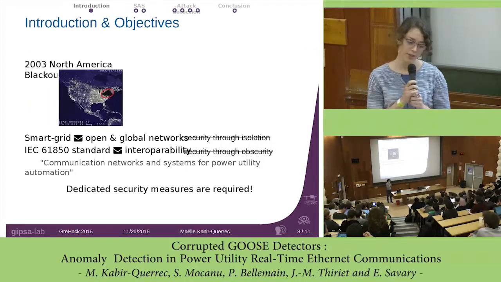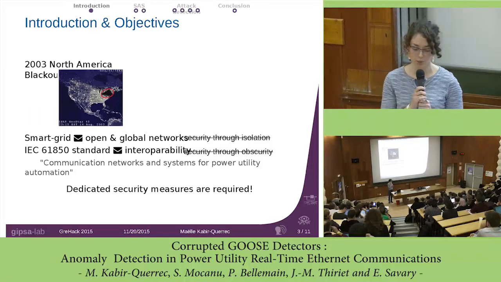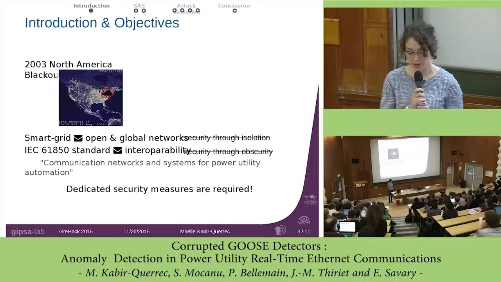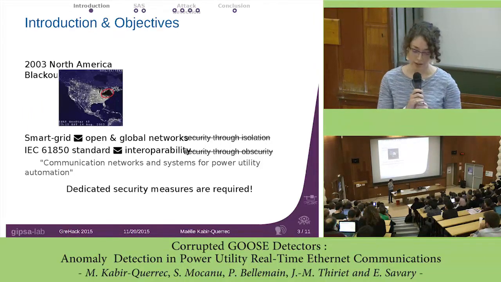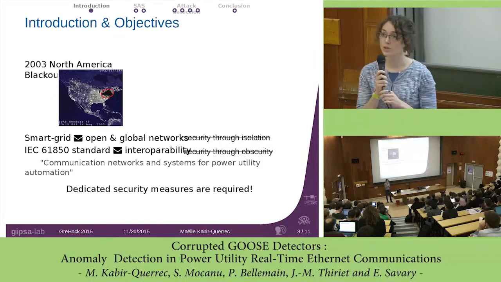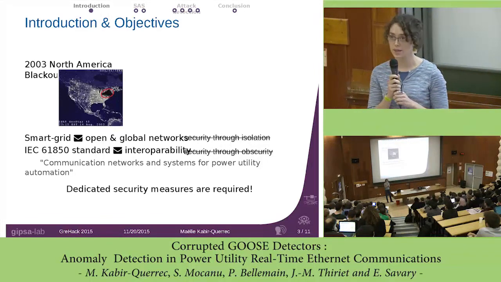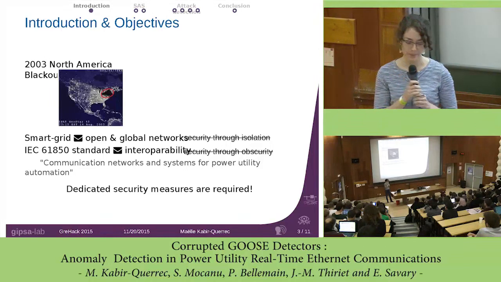Smart grid deployment relies on the IEC 61850 standard. It is a standard entitled Communication Networks and Systems for Power Utility Automation. And the main purpose of this standard was to bring interoperability between different vendors' systems and to reduce wiring in substations.